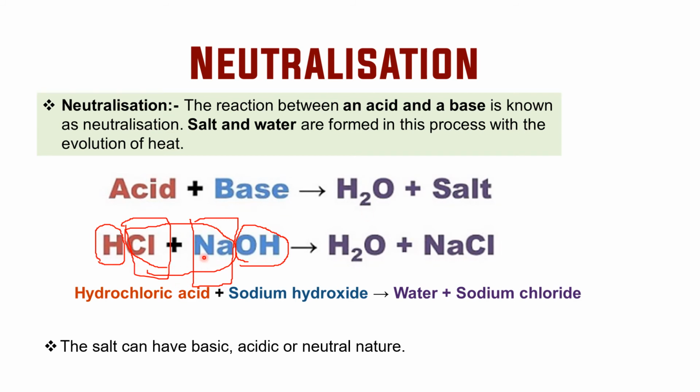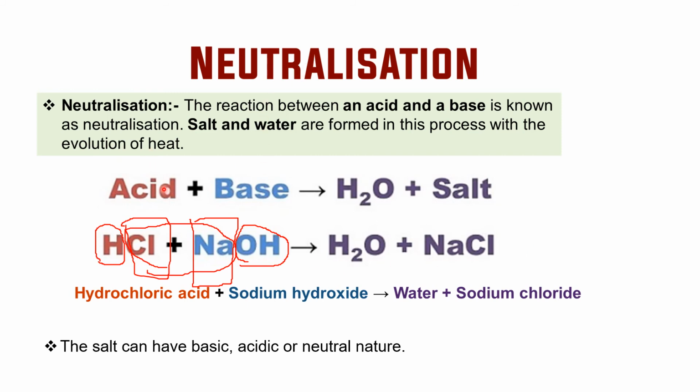In HCl plus NaOH, the Na and Cl together form NaCl, and the H and OH together form water. And what is this NaCl, sodium chloride? That is our common salt, used in the kitchen. That is an example of a neutralization reaction.